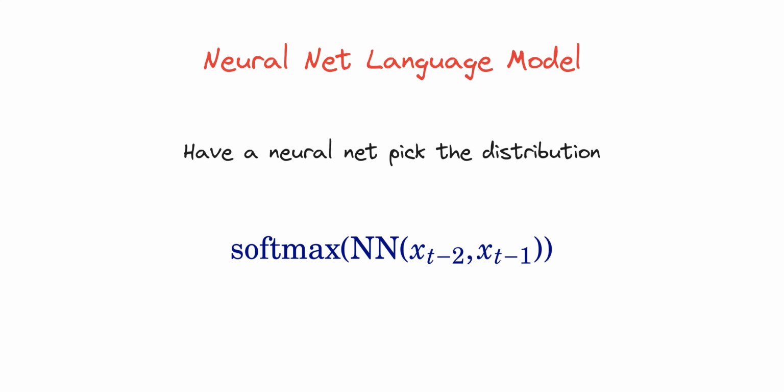We're going to run a neural network over xt-2 and xt-1. That will then produce a vector, which we'll send to the softmax function. The softmax function will convert that vector into a distribution over 10,000 possible classes. This will then represent our language model distribution and tell us which words we think will come next.